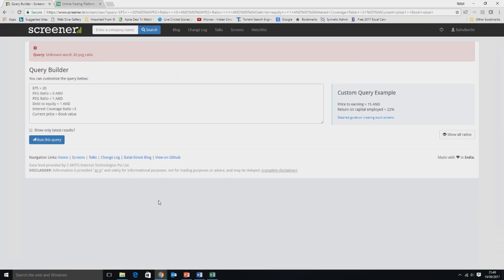So run this query. PEG ratio. What is the problem?